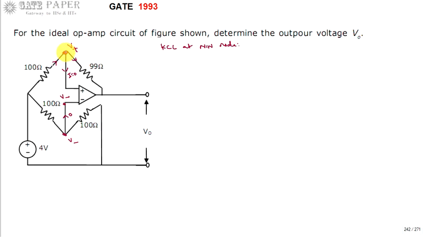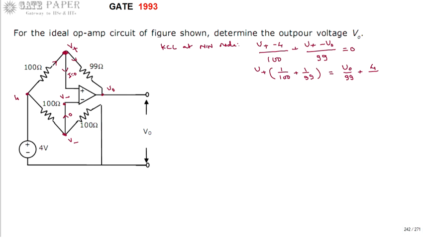Otherwise you can apply the KCL from this point towards the other nodes. This node is at plus 4 volts and this node is at V0. So you can write: (V plus minus 4) divided by 100 ohms plus (V plus minus V0) divided by 99 is equal to 0. Take V plus to one side: V plus times (1 by 100 plus 1 by 99) is equal to V0 by 99 plus 4 by 100.